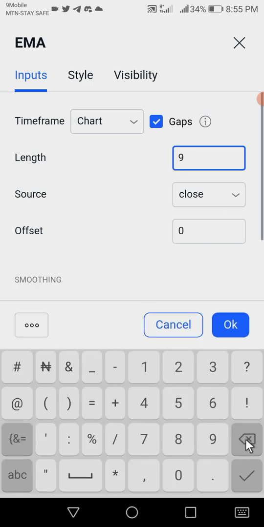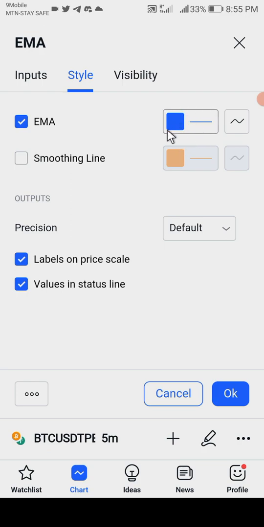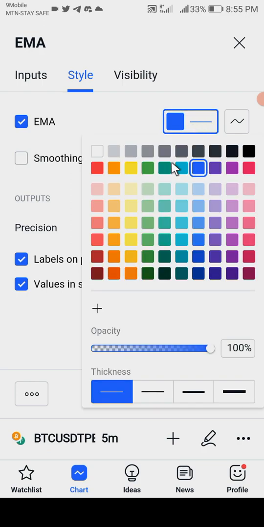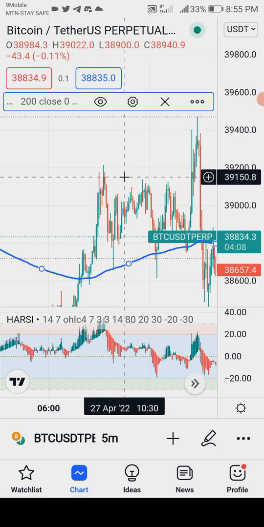Let's make it a 200 exponential moving average. Then let's go to style, leave the color at blue. Let's increase the thickness of the line so that it is obvious. Then go back. Now you can see the line is very obvious.